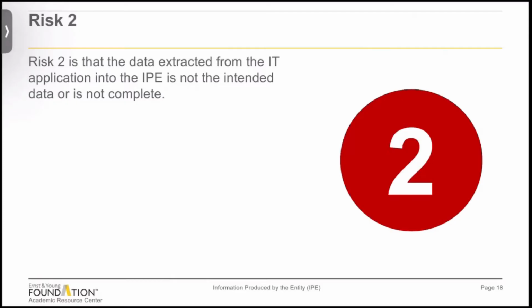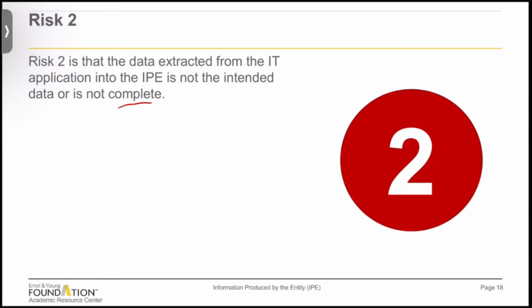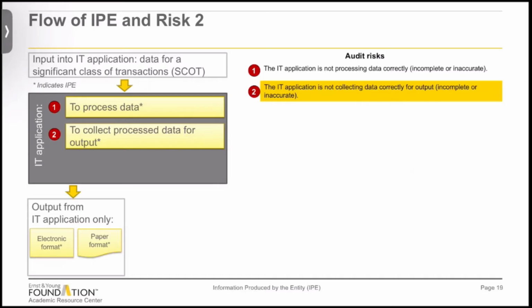Risk 2 is when the data extracted from the IT application into the IPE is not the intended data or is not complete. So usually that risk is within the collection of process data for output.